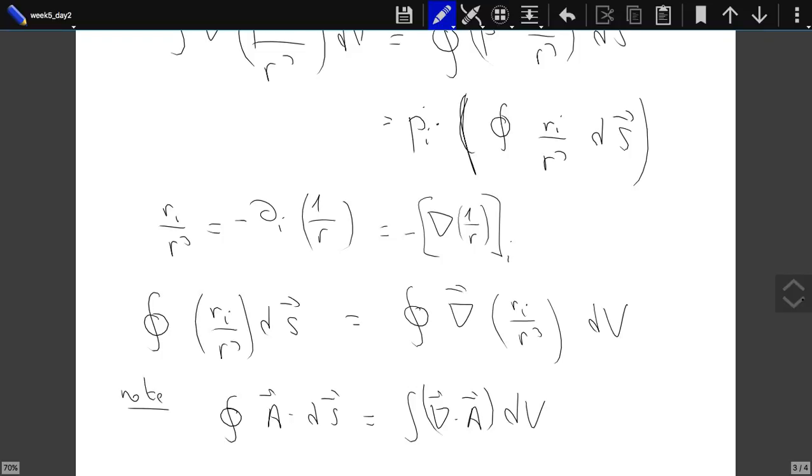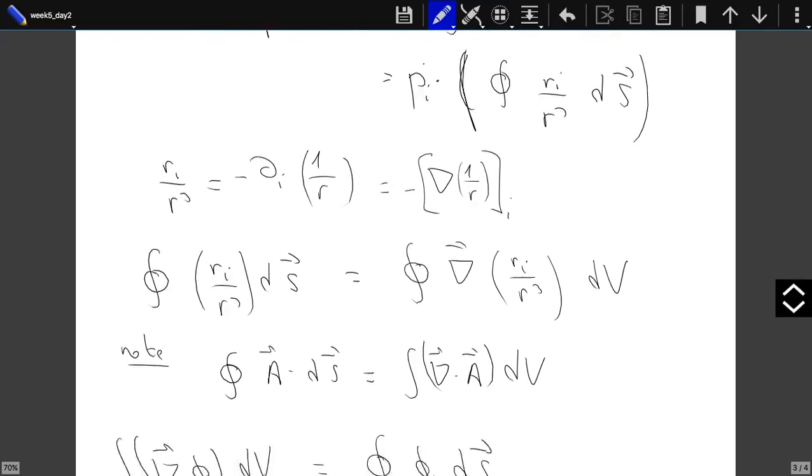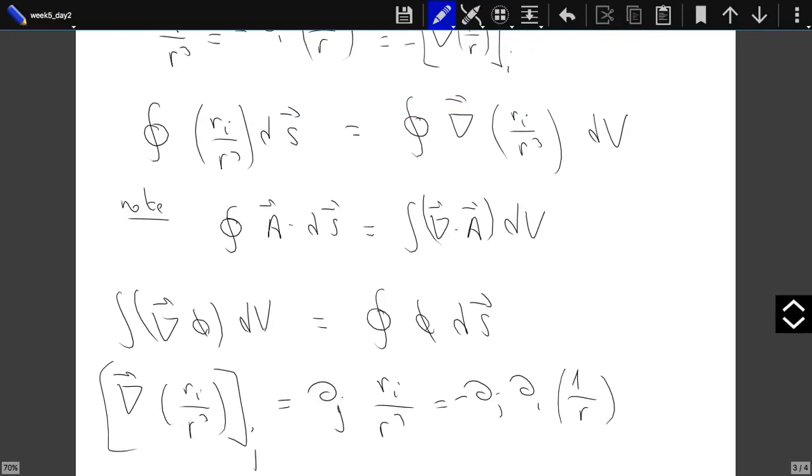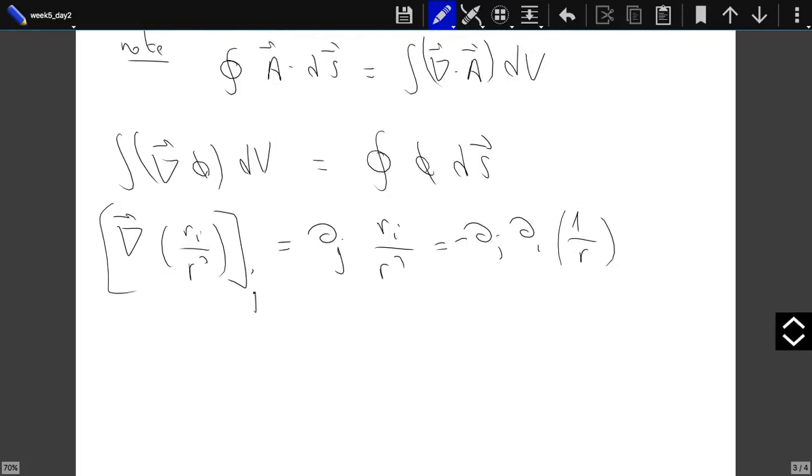Yeah, here. You see, here we have the Ri over r cubed integrated over ds. We wrote it as a volume integral, where we have this gradient of Ri over Rj. Now here we started looking at the j component of that expression. The j component is del i del j of 1 over r with a minus sign.